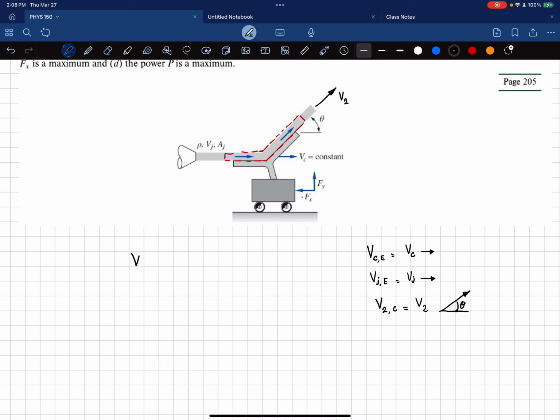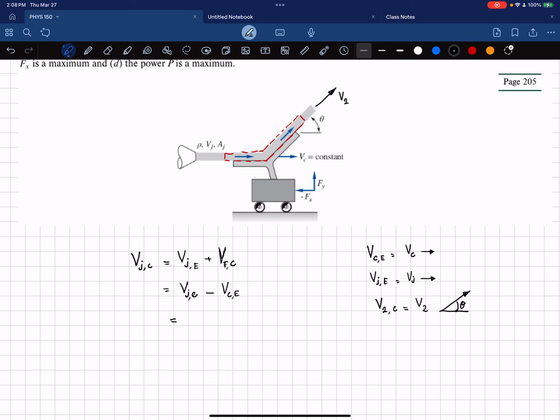I would write this equation: velocity of jet with respect to the cart is equal to velocity of jet with respect to Earth plus velocity of Earth with respect to the cart. So that means VJE minus VCE, written in uppercase letters.